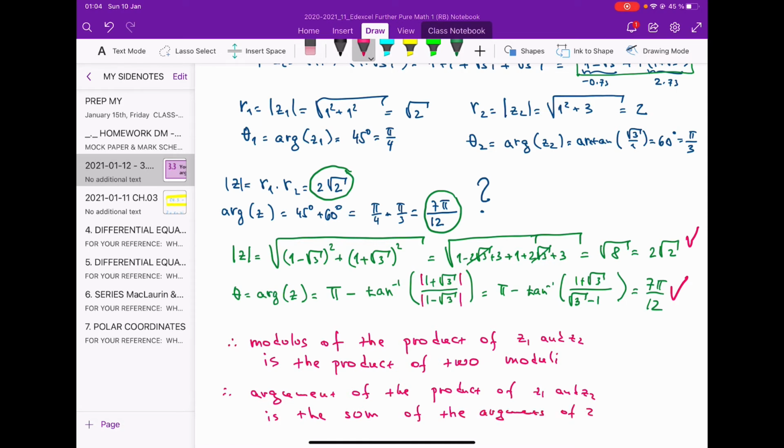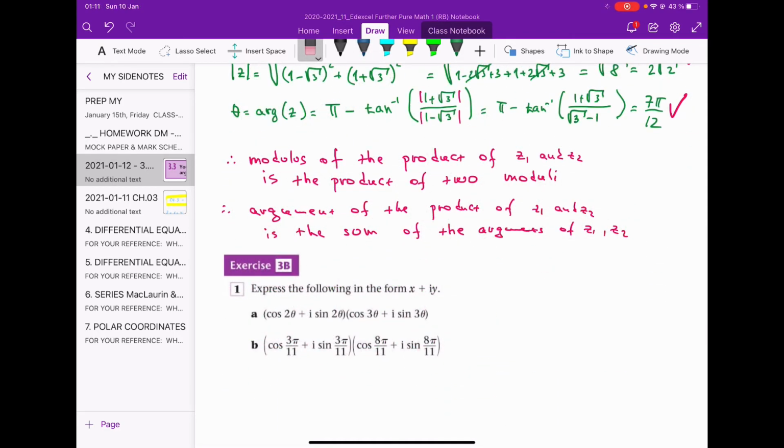Good. So now we can look at some of the examples from the book. Very easy. We need to express the following in this form, and wherever it's possible to simplify, we will simplify. So when you look at case A, it is 1 times cosine 2 theta, and so on, and 1 times cosine 3 theta, and so on. So these are the moduli, and these are the arguments, right?